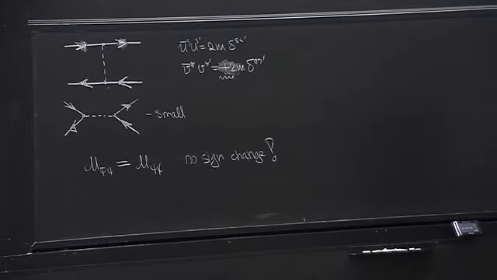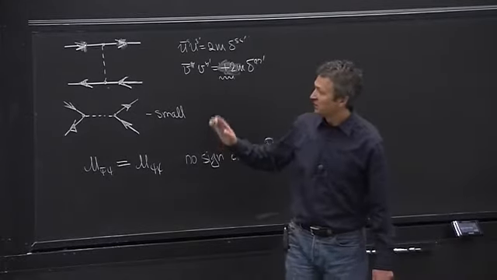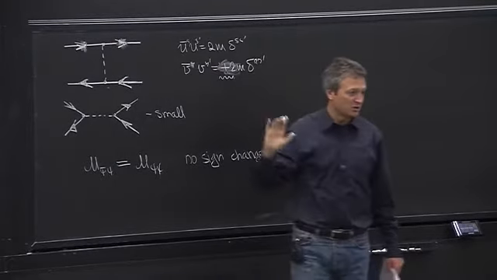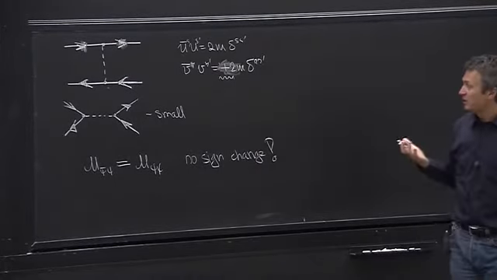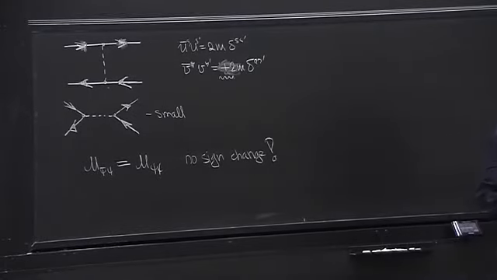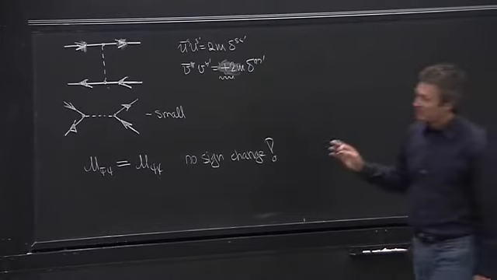Yes? Shouldn't there be a factor of minus 1 due to the exchange of the Wick contraction? No. Well, we are comparing signs between the scalar and vector exchanges, and so the only sign change is here. Or I'm sorry.